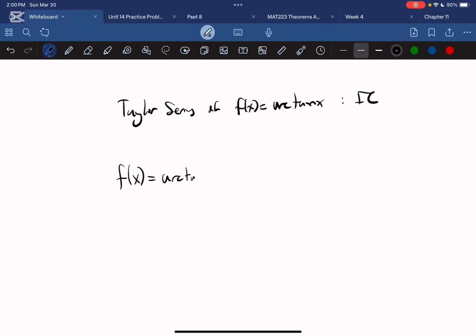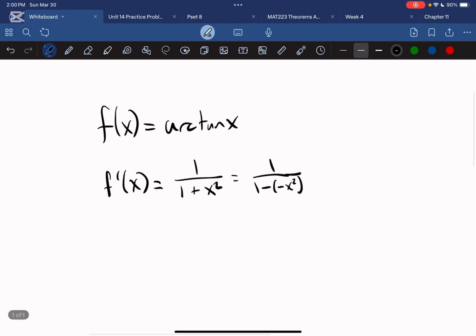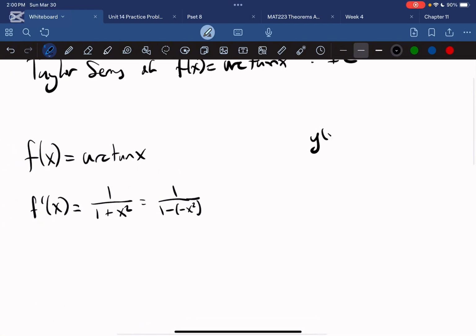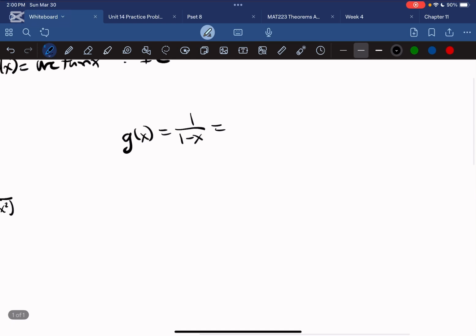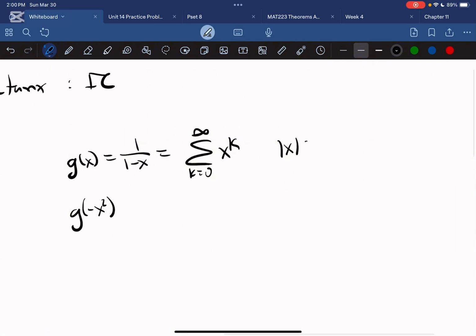We have f at x. And then we differentiate it once to get 1 over 1 plus x squared. Same as saying 1 over 1 minus negative x squared, right? And we know our geometric series, and when we evaluate this geometric series, this is true for all |x| less than 1.